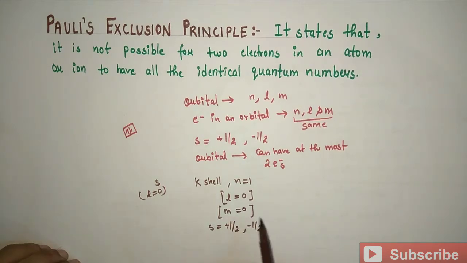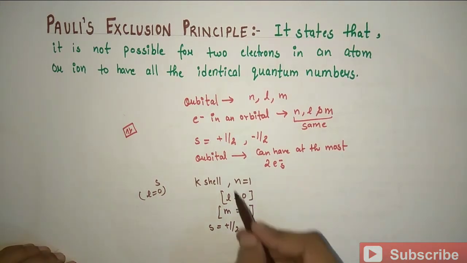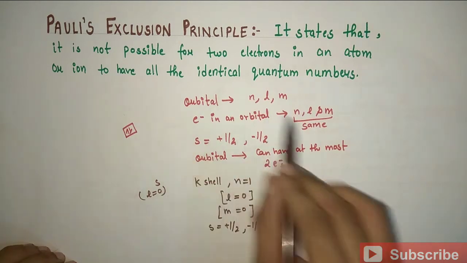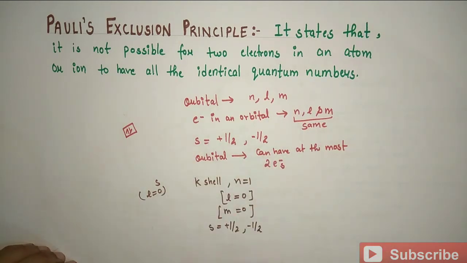So the last quantum number, the spin quantum number, should always be different where the above three quantum numbers are the same. This is Pauli's exclusion principle. It states that it is not possible for two electrons in an atom or ion to have all identical quantum numbers.